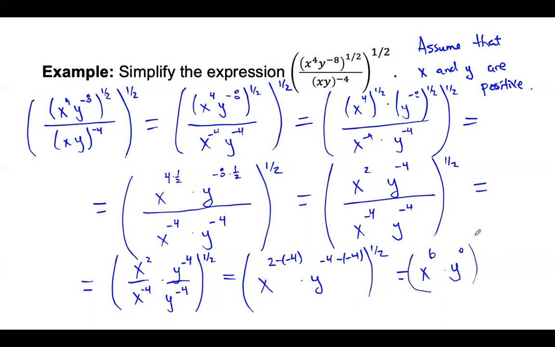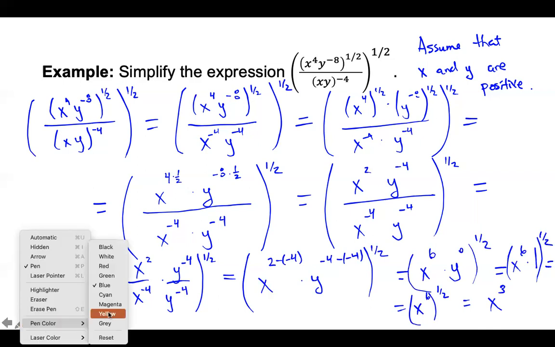We know what that is equal to. That would be x to the power 6 times 1. So x to the power 6 times this half is equal to x to the power 3. So that is our final answer.